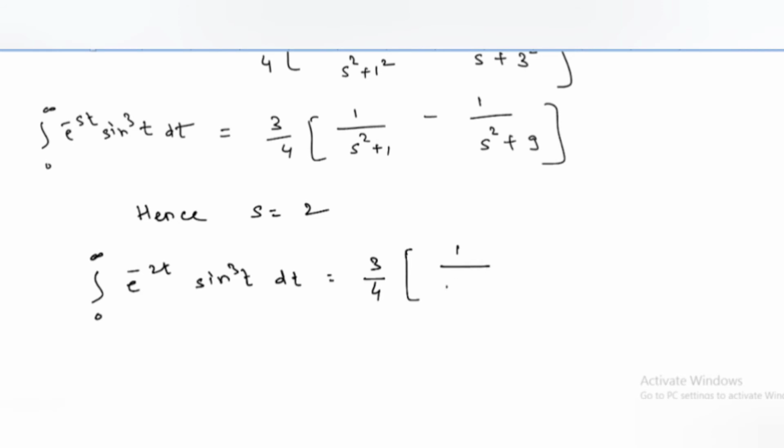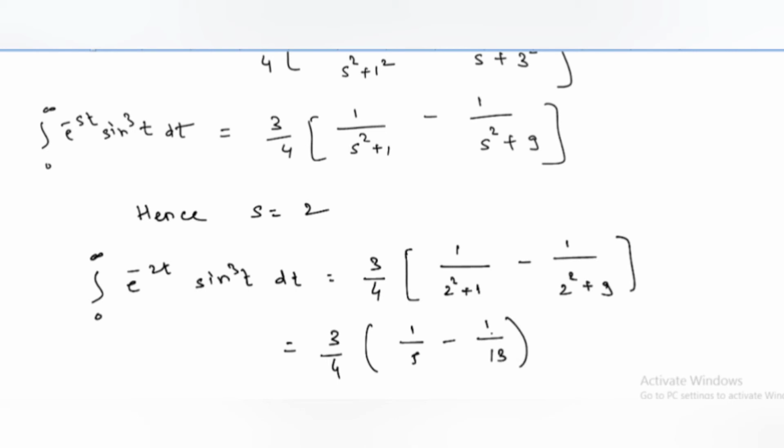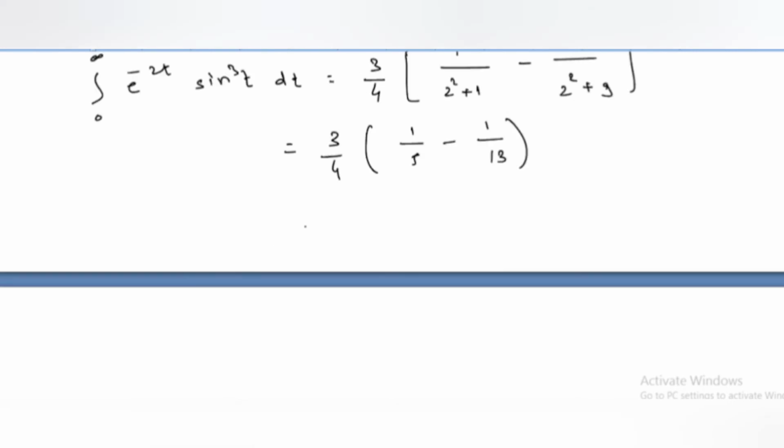2 square is 4, 4 plus 1 is 5. Similarly 1 upon 2 square plus 9: 2 square is 4, 4 plus 9 is 13. So 3 by 4, 1 by 5 minus 1 by 13. Now we simplify this bracket. 3 by 4 as it is.